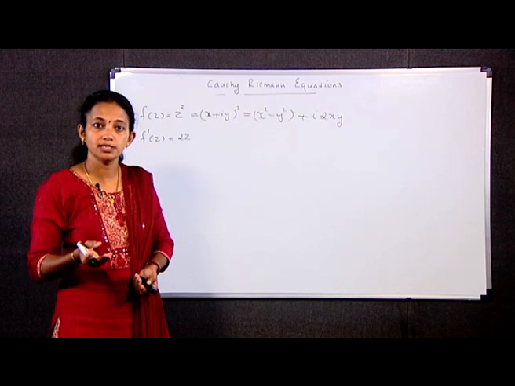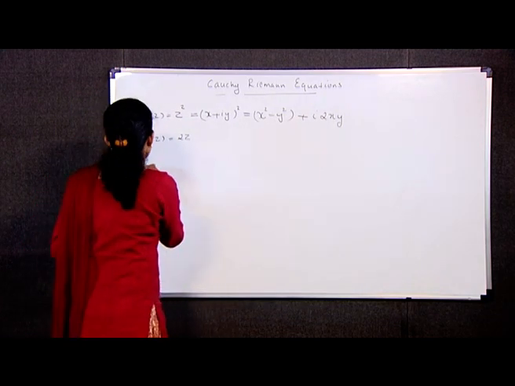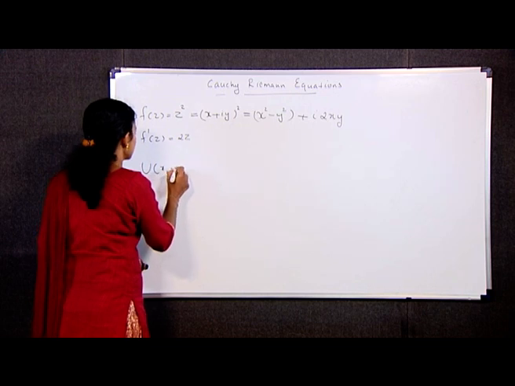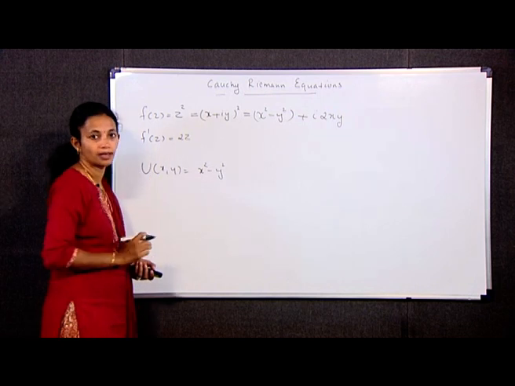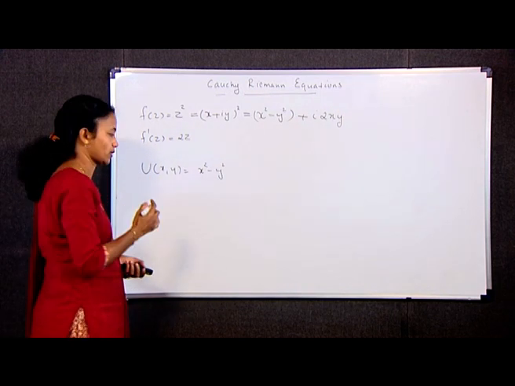Here u(x,y) is equal to x squared minus y squared, and v(x,y) is equal to 2xy.